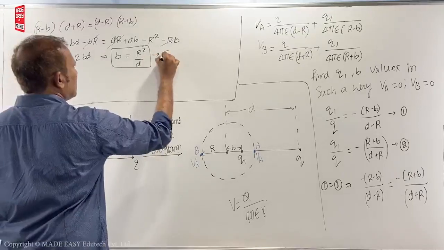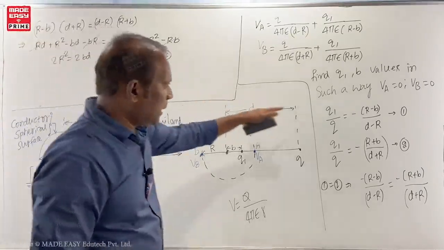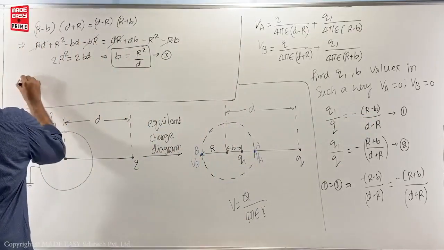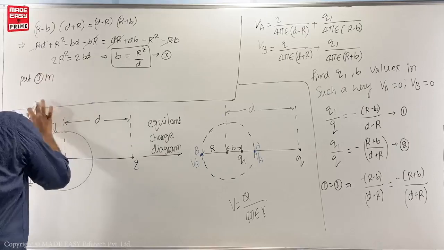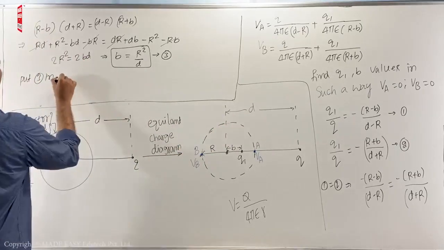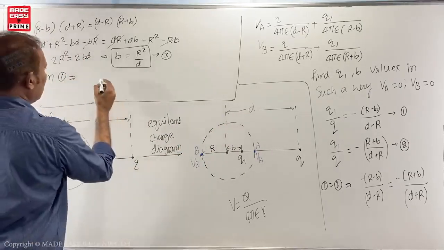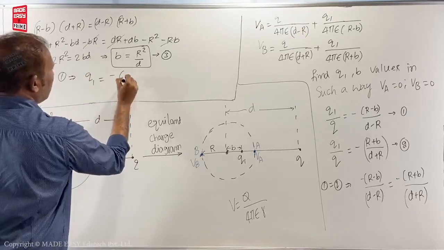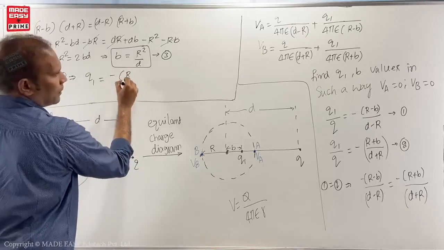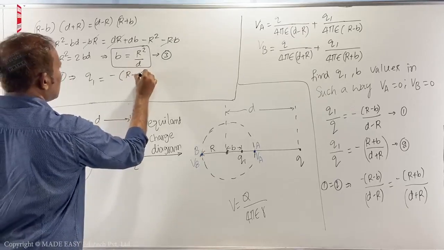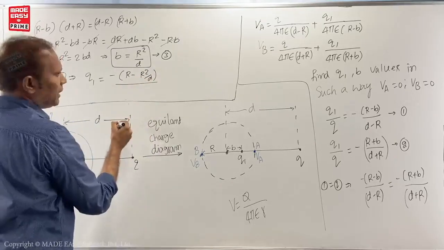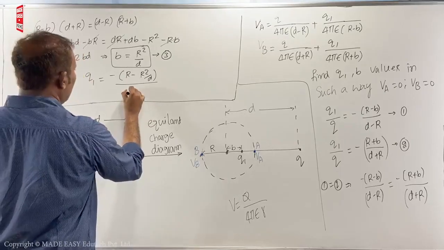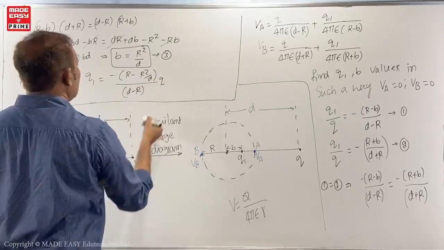Now let us say this is equation number 3. If you put 3 in any one of the equations, you get the q dash value also. For example, put equation 3 in equation 1. Then what you get, q1 is equal to minus of (r minus b), b is r square by d, divided by the denominator, where there is no b, so d minus r, into q.